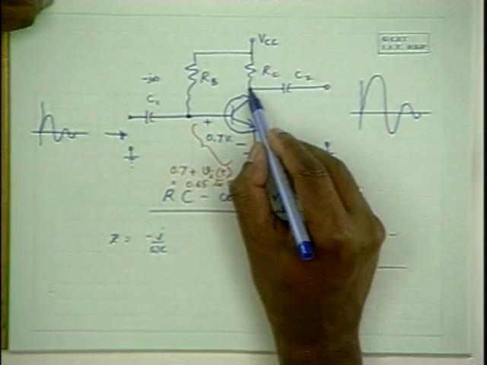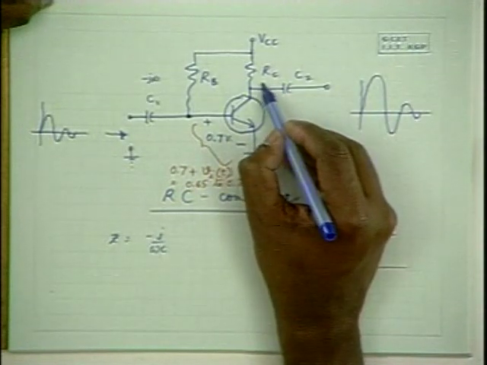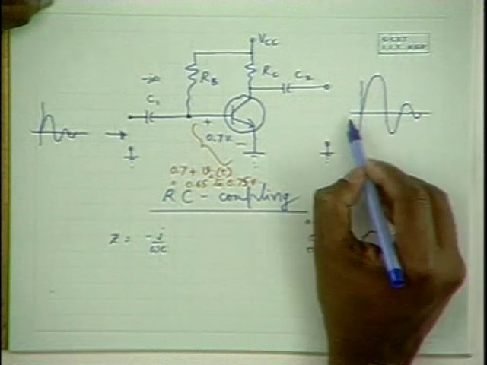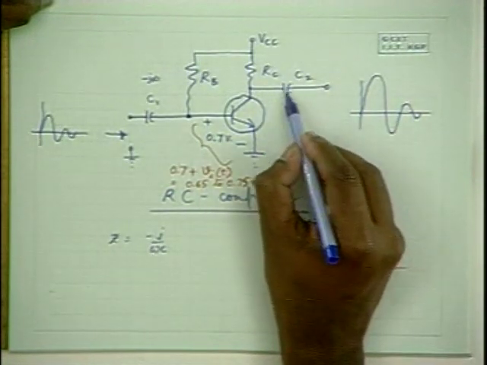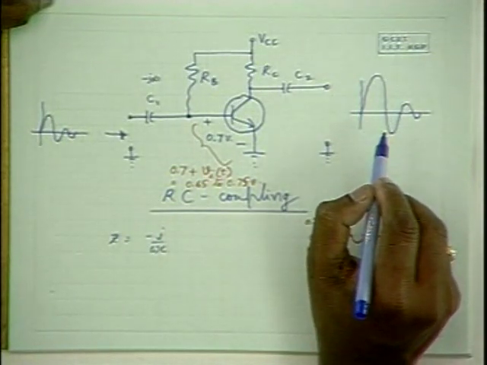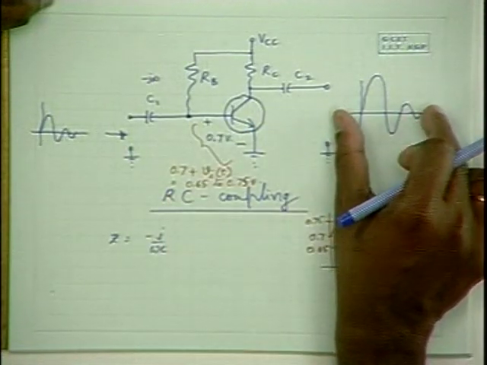Similarly at the output side, you have a high voltage here. When this is 12 volts, this is of the order of 6 volts, and you need only an AC component by subtracting the DC. Therefore, we use another capacitor over here. And we can use another such amplifier stage here if you want more amplification, because the DC is isolated.